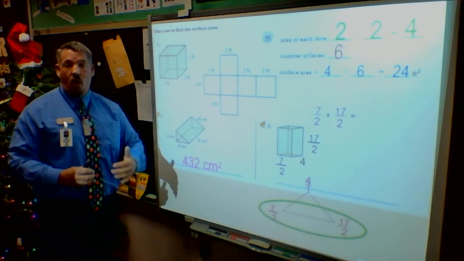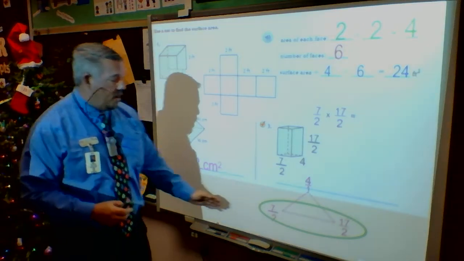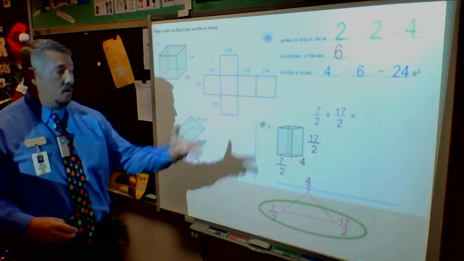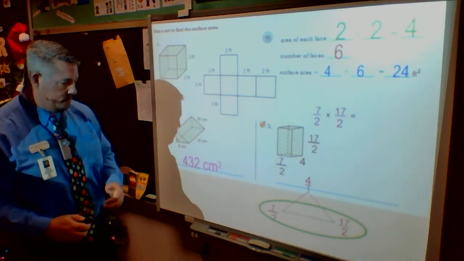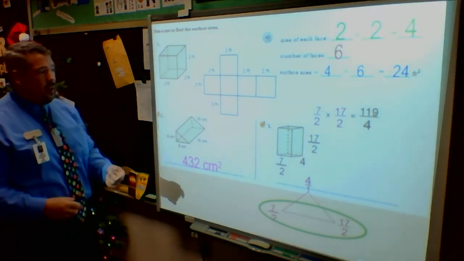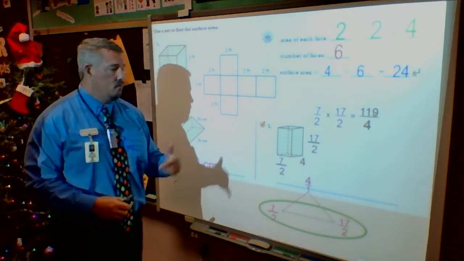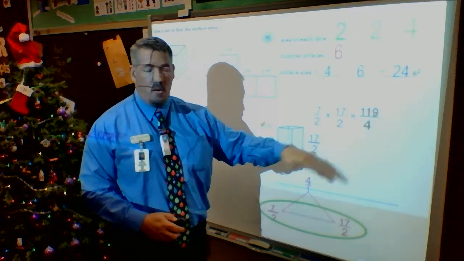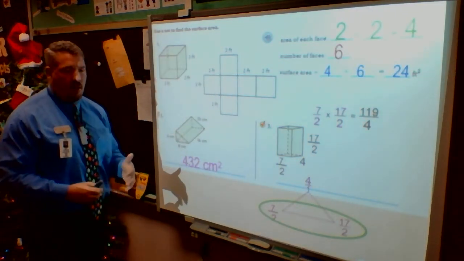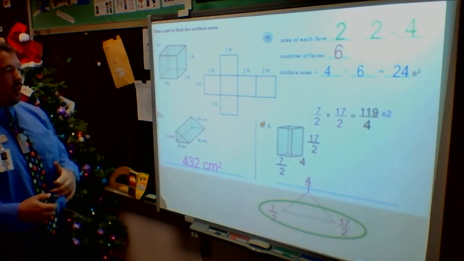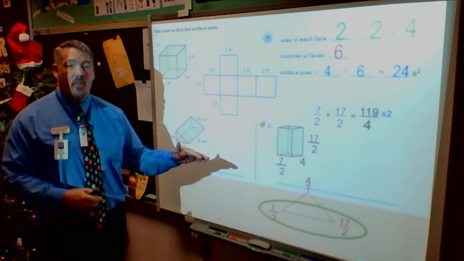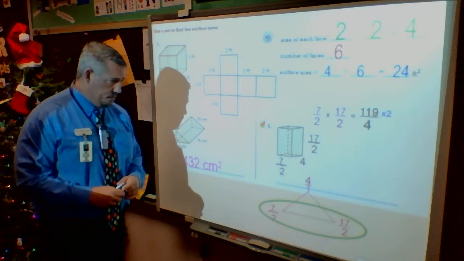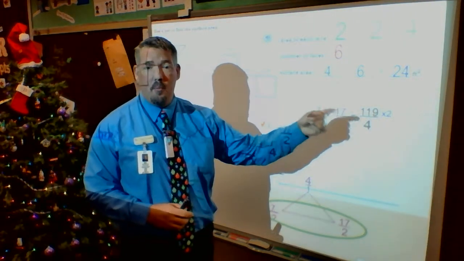So I set up the triangle, and I multiply them in groupings, and then I always double it because it is a rectangular pyramid. So 7 halves times 17 halves gives me 119 fourths. I'm going to keep that for quite a while and just work with that until I know if my other denominators match up or not. But when I double it, I know that I'm multiplying by 2.